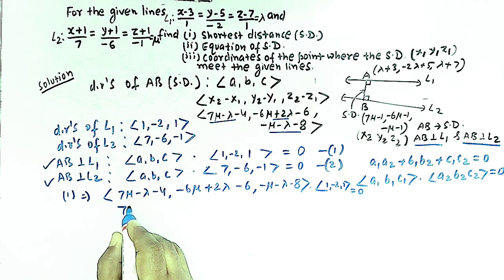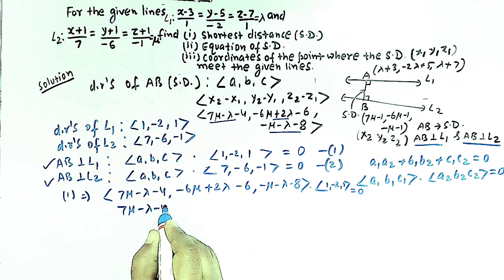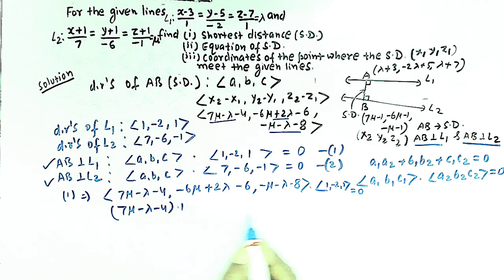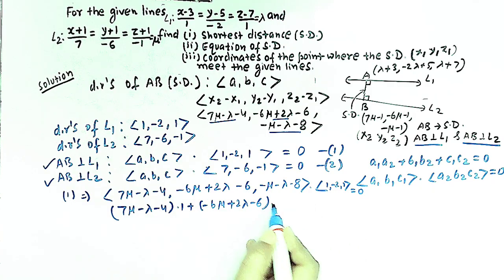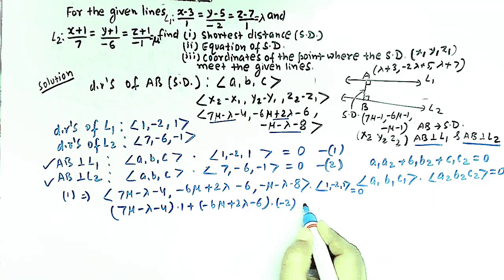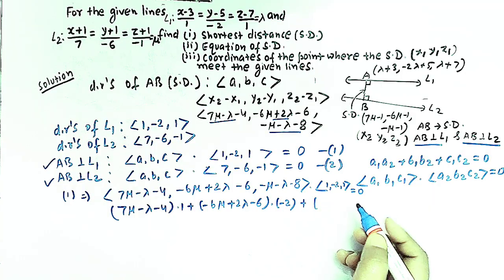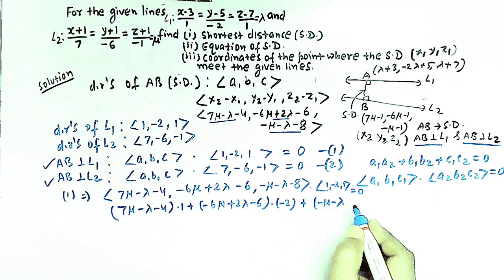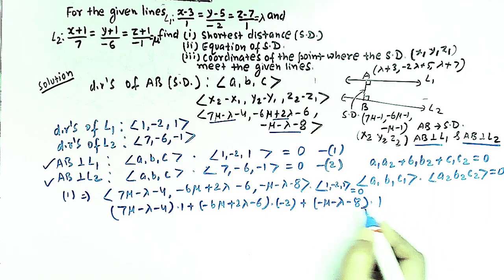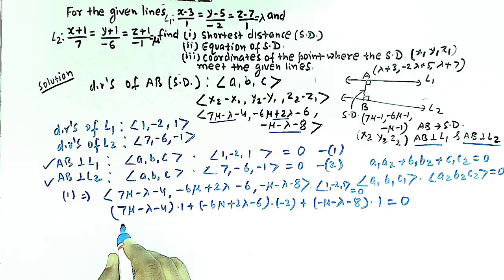So we have 7 mu minus lambda minus 4 times 1, then we have minus 6 mu plus 2 lambda minus 6 with minus 2, then we have minus mu minus lambda minus 8 with 1 is equal to 0. So let us solve it.